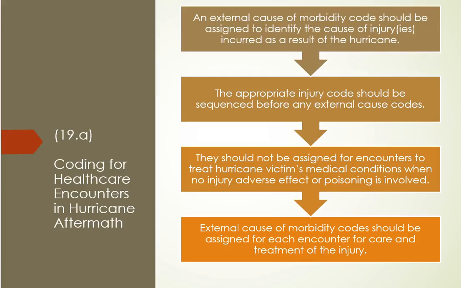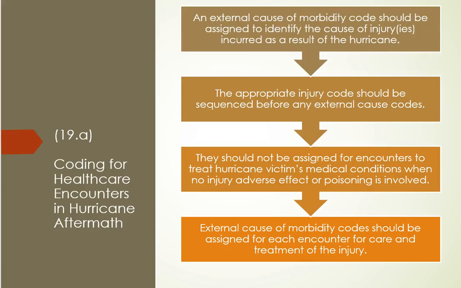As you may or may not know, the external causes of morbidity are never to be recorded as a first listed or principal diagnosis. That said, the appropriate injury should actually be sequenced first before the external cause code.